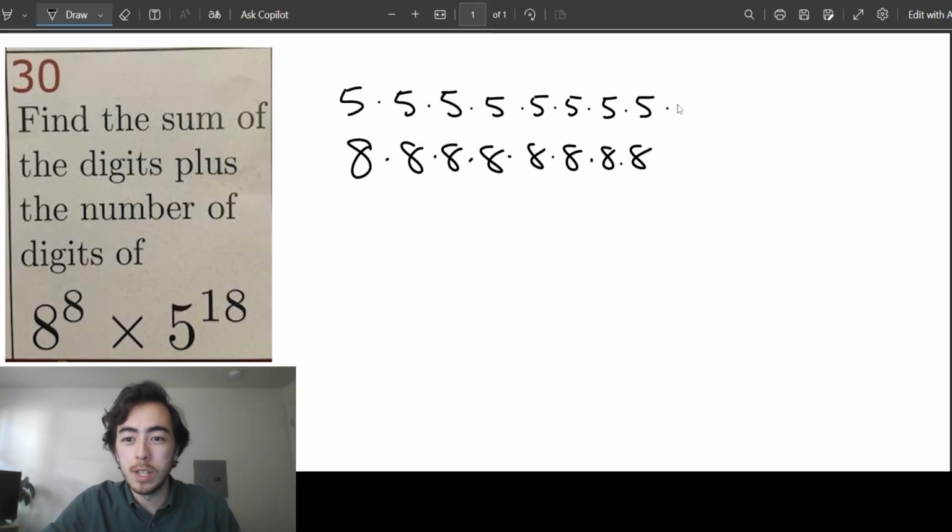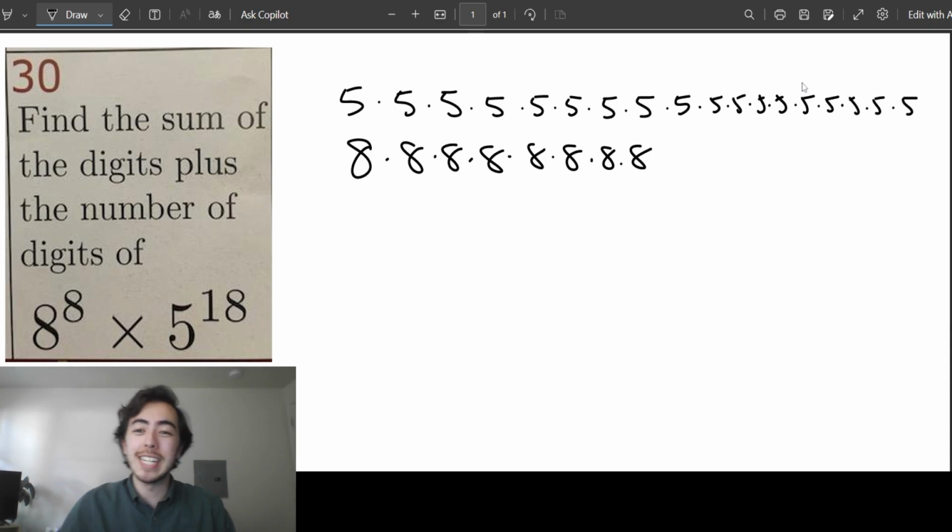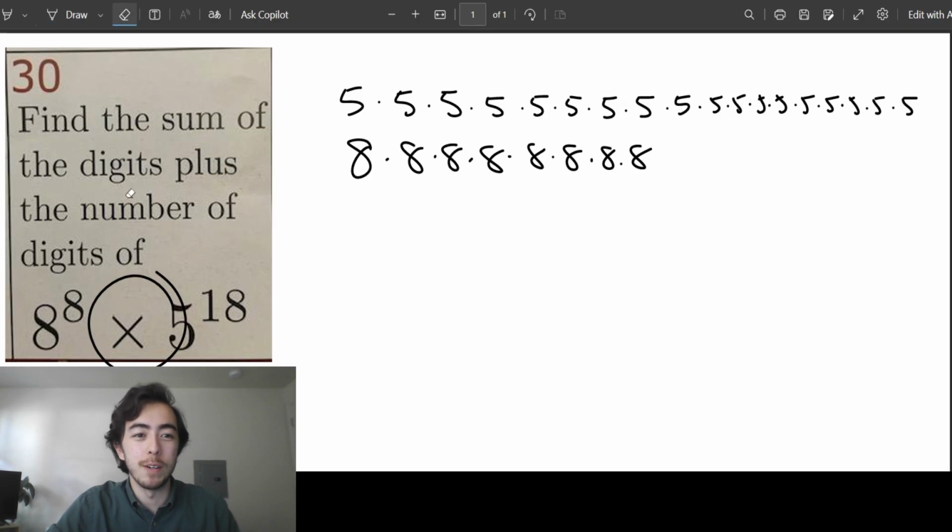That's only 8 of them. So let me write the other 7. No, wait, 10. More than double. 1, 2, 3, 4, 5, 6, 7, 8, 9, and then 10. Okay, so we have 18 5s all multiplied, 8 8s all multiplied, and then finally we multiply them together.